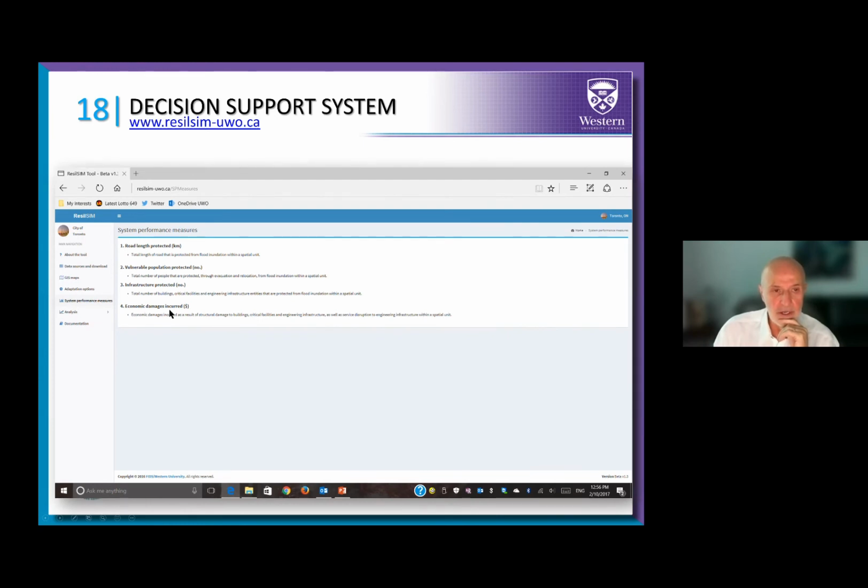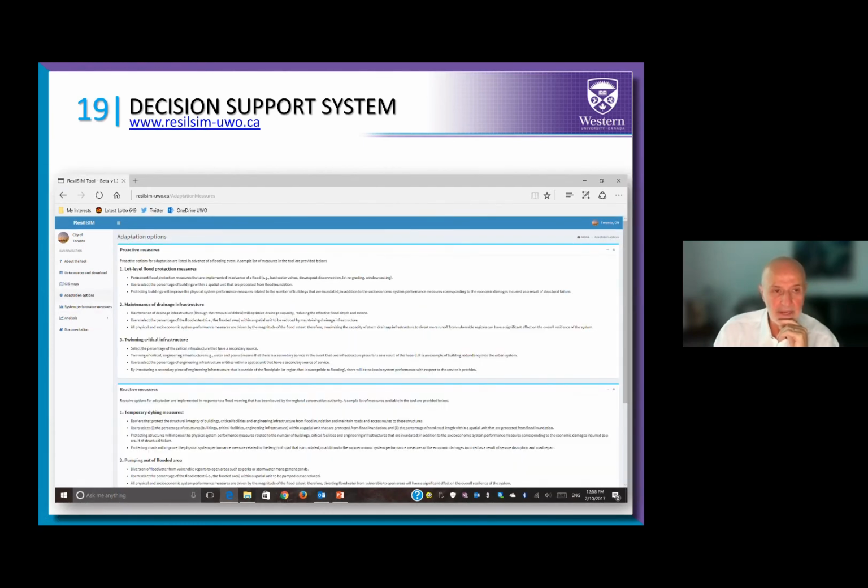Users also have the ability to select different adaptation options, and we divided the opportunities for adaptation into proactive measures, or measures that can be implemented before the disaster, and reactive measures that can be implemented during the disaster or during the emergency response.